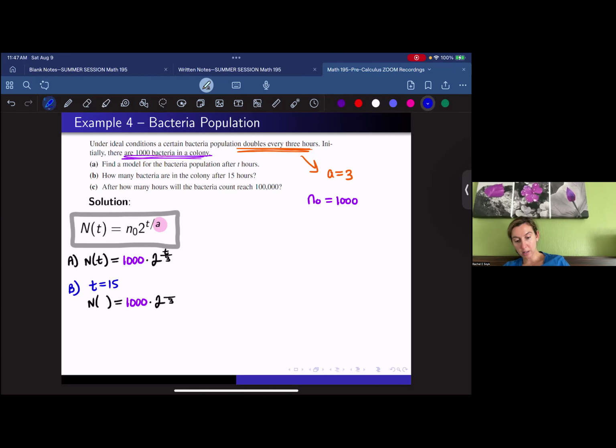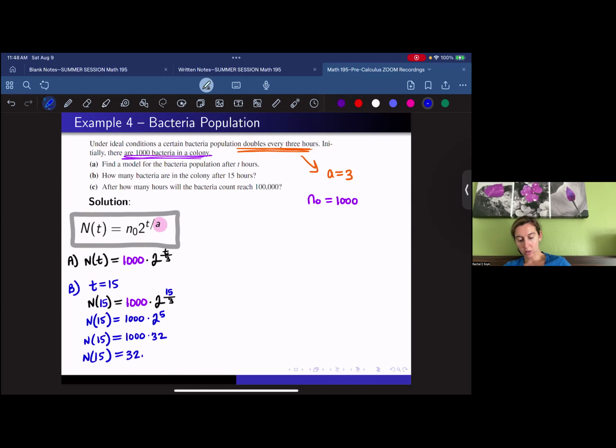Works out quite nicely because then we're dividing 15 by 3, which is a nice, beautiful whole number of 5. And then even furthermore, 2 to the 5th gives you 32. So we're essentially multiplying 1,000 by 32.